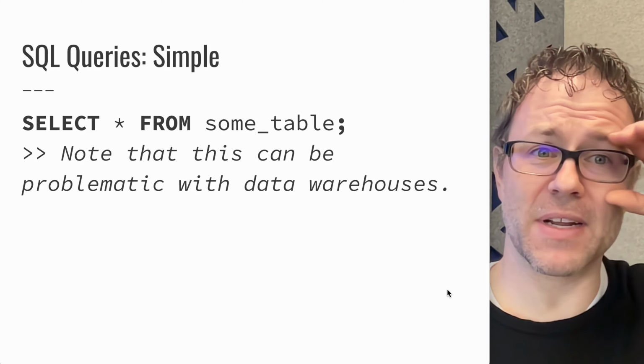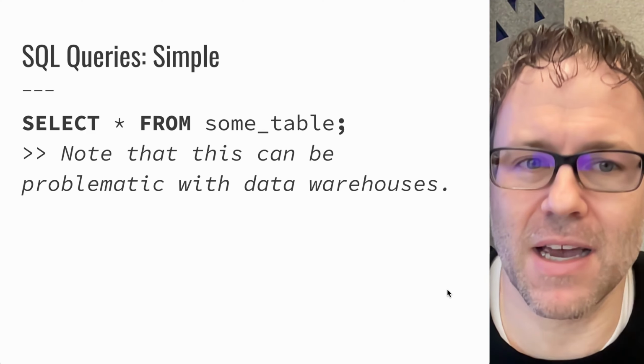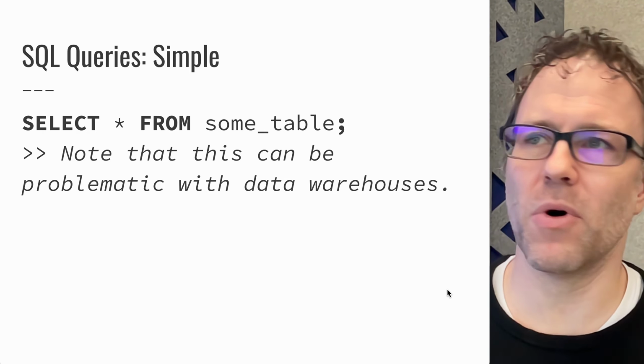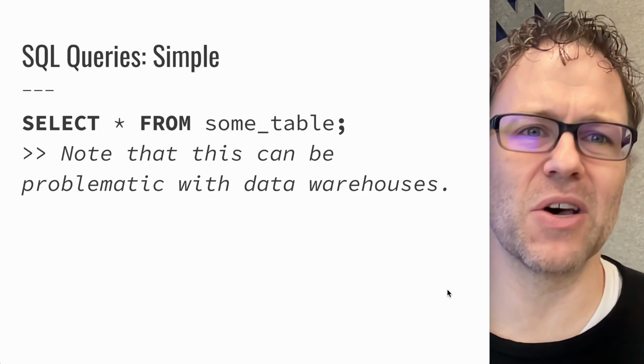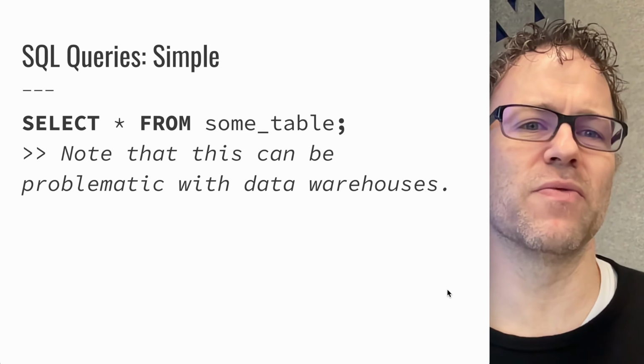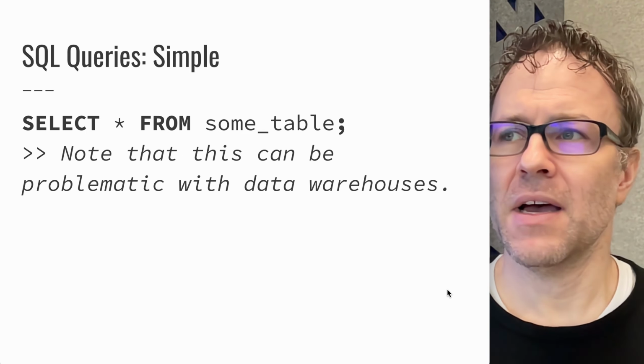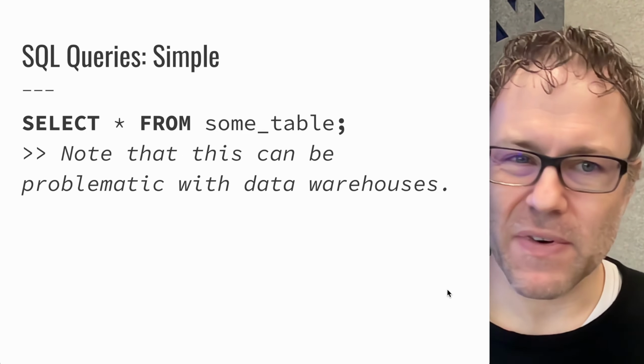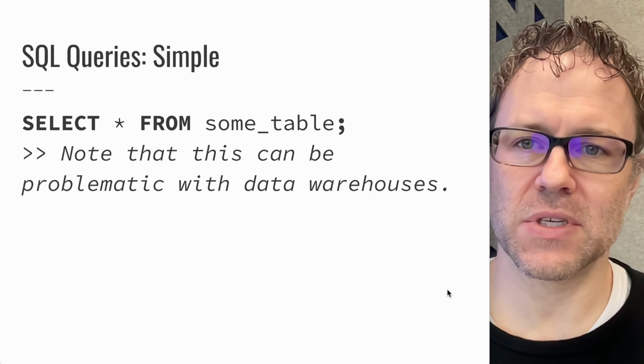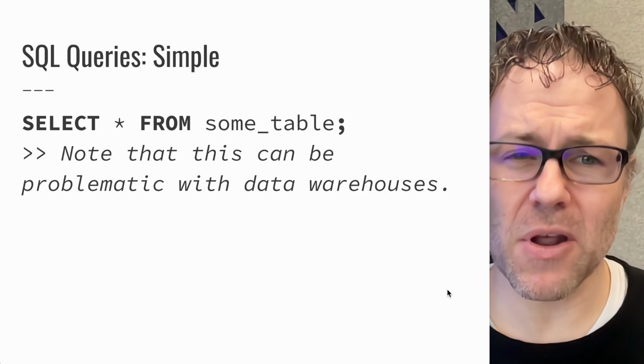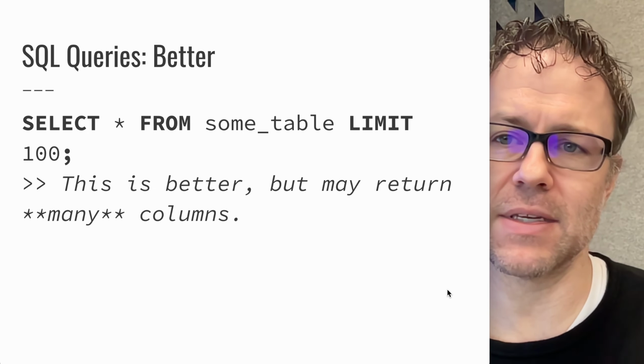If you try to run a SQL query that is too large, a lot of times your engine will just not work, or it will run strangely, or it will be very slow. There's a certain threshold for most data warehouses where a query of a certain size suddenly becomes very difficult to execute. So select star from some table is probably not a great way to go when working with data warehouses.